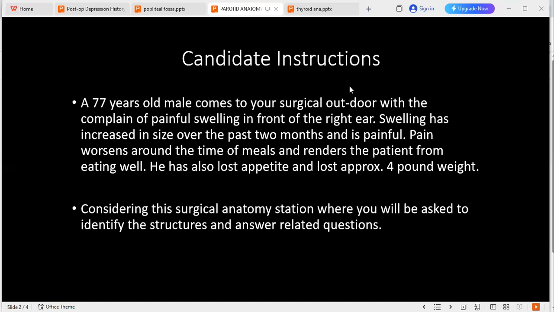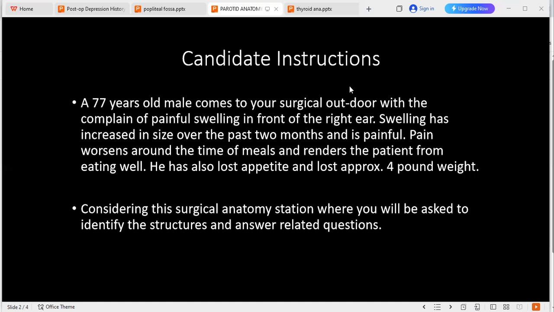It's called Frey syndrome, where the parasympathetic fiber is regenerated and fused with the sympathetic fiber of the greater auricular nerve that supplies the skin, leading to gustatory sweating and flushing of the skin around the parotid gland.